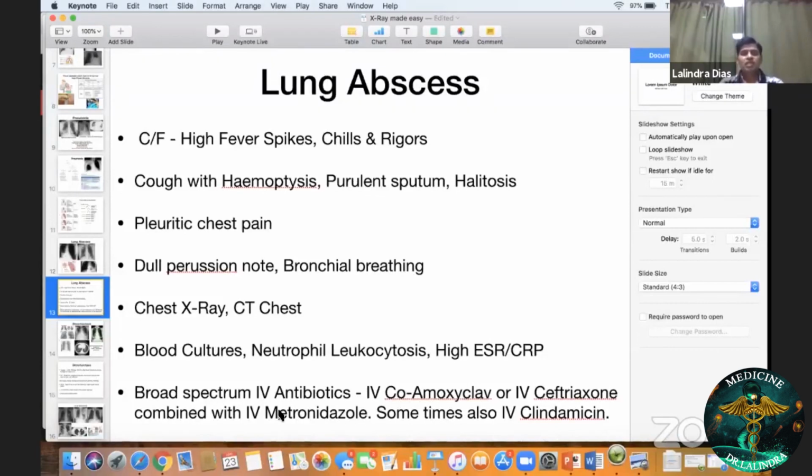So all what I told you before has been mentioned here. So clinical features, they present with high fever spikes, chills and rigors. And what are their physical signs? Sorry, not physical signs, symptoms. So patient present with very high fever spikes with chills and rigors. They also complain of cough with hemoptysis, right? So remember, lung abscess is one condition which produces a lot of phlegm.